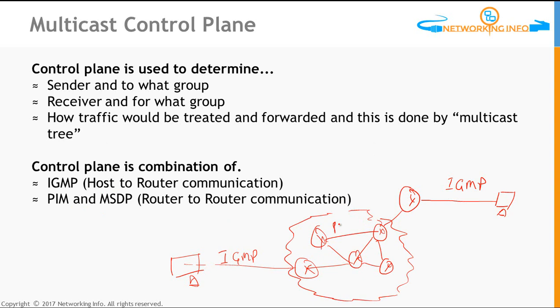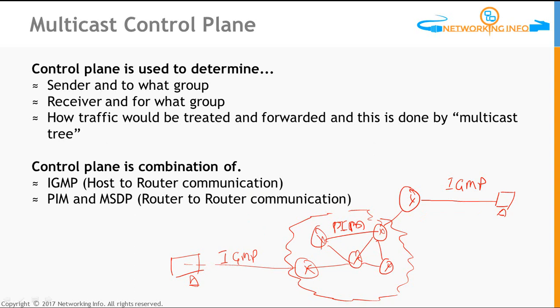So PIM will be used here between router and router. PIM or MSDP or any type of method. So PIM is used between router and router. IGMP is used between host and router, meaning recipient to router.